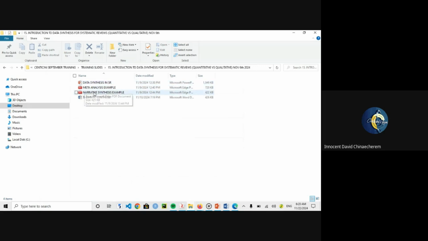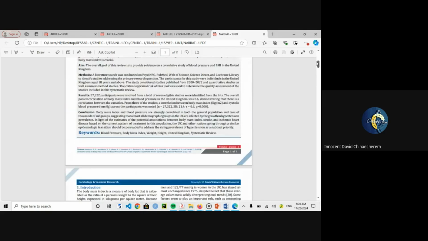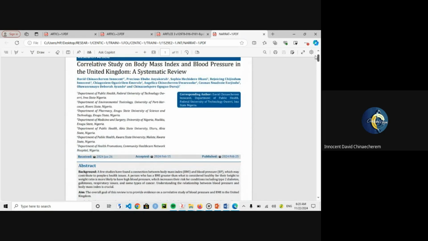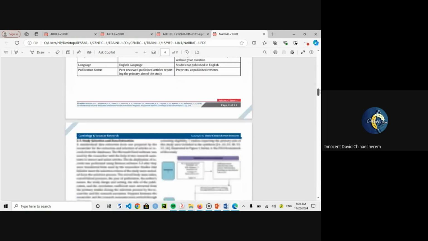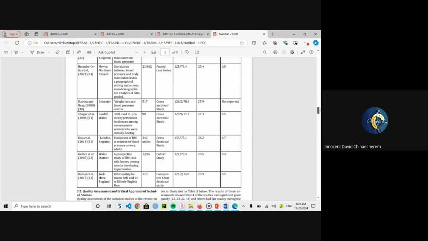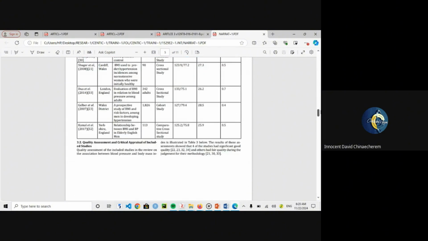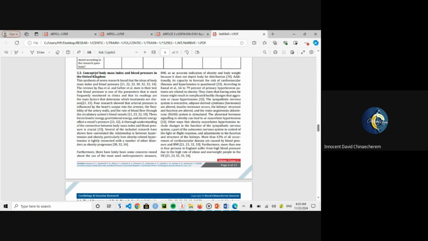We did show examples. When we open the article that we published on the correlative study on body mass index and blood pressure, you find that in terms of the results, we have our characteristics of included studies, and the next thing that follows is our risk of bias, then our narrative synthesis.